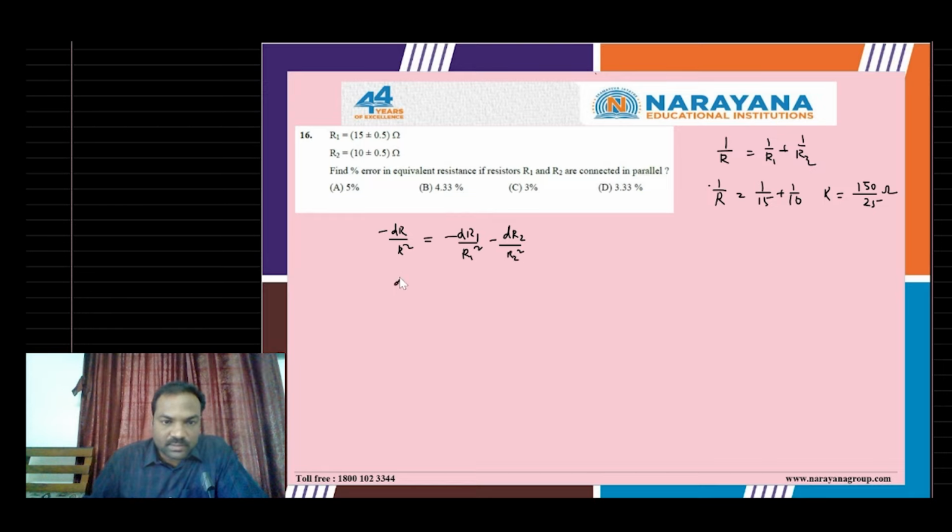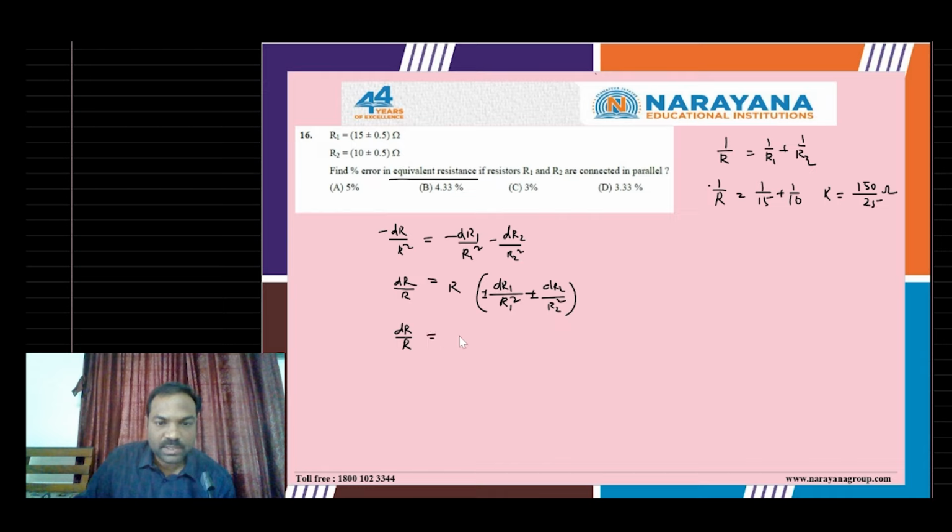So then what is the maximum error possible in the equivalent resistance? They are asking the percentage error, which is nothing but dR by R. So dR by R is equal to R times dR1 by R1 square plus dR2 by R2 square. You can take all positives because the errors will add up.